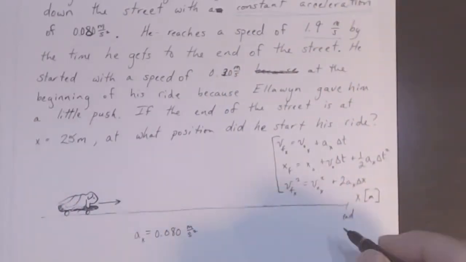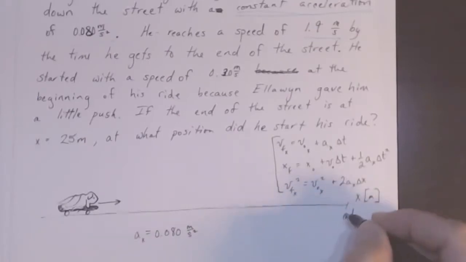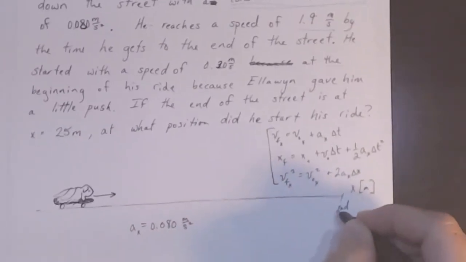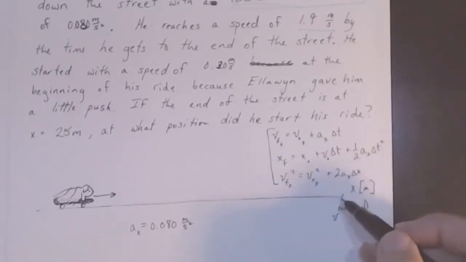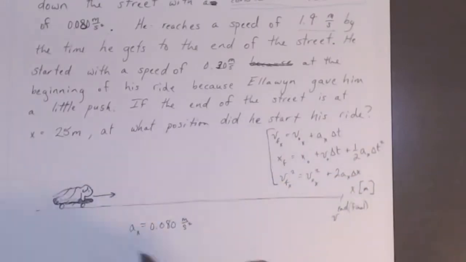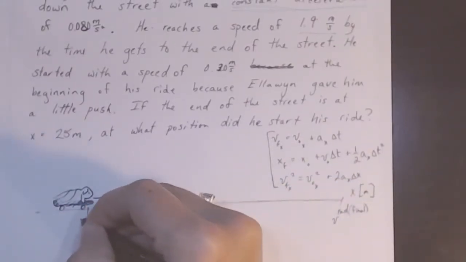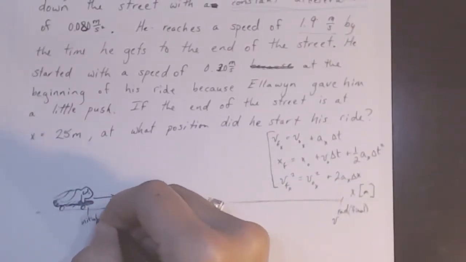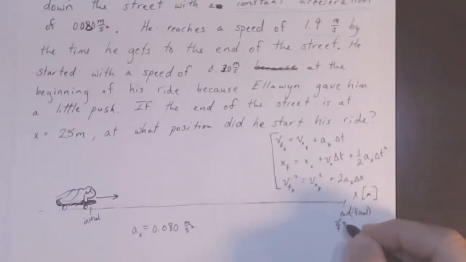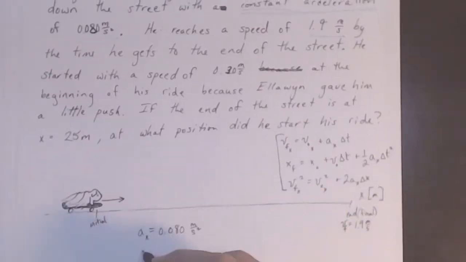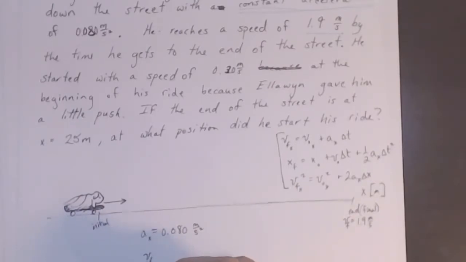It's not happening any other place, so that would be right here, V, and so that's going to be my final, because right here at the end, this is my final location. Everything that happens with the subscript final is happening in this position, and everything that happens with a subscript initial is at this location at the beginning. So V final equals 1.9 meters per second. And I can put that here as just a list.